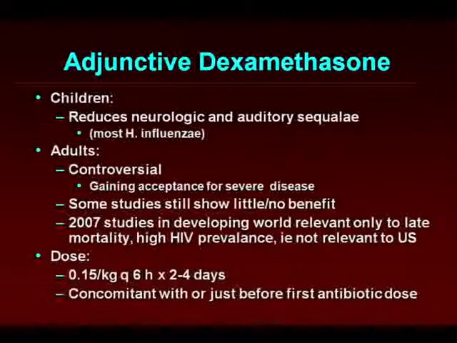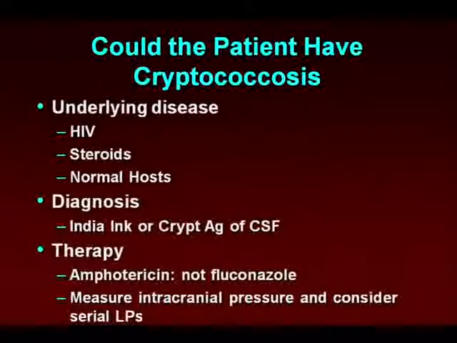So in this country, when you're dealing with bacterial meningitis, certainly if you have somebody with moderate to severe disease, and perhaps in anybody, if you can start them before or just at the time of the first antibiotic dose, consider using this regimen. I think now the consensus is this does reduce the neurologic sequelae in adults as well as in children.